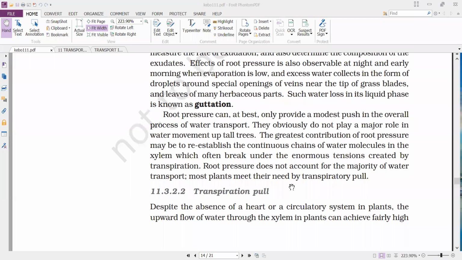But in tall trees, if a plant is growing more than 3 meters height, root pressure alone will not help in the transportation. Along with the root pressure, the transpiration plays a very important role in the transportation of water to the upper parts of the plant body.